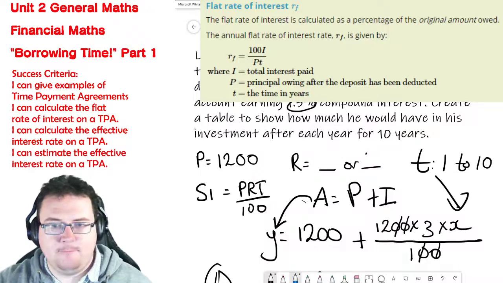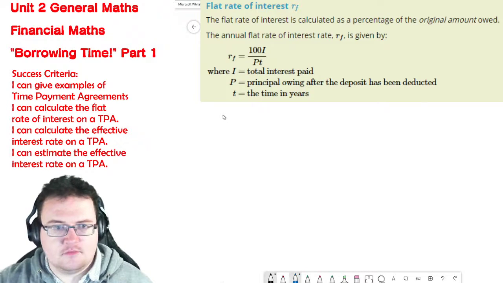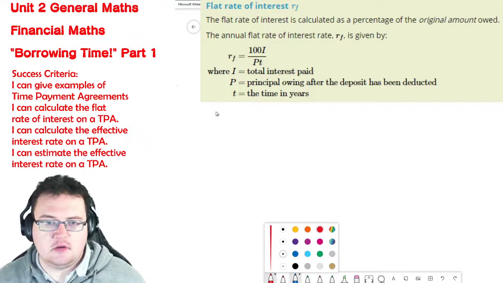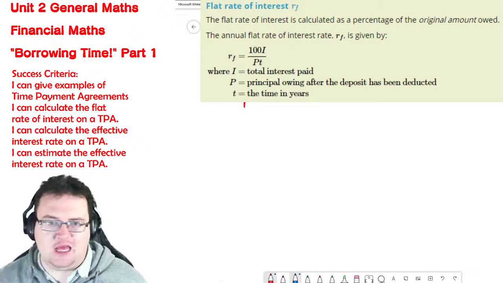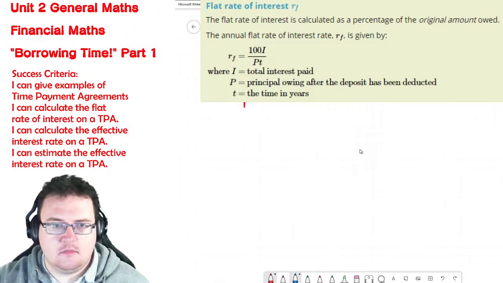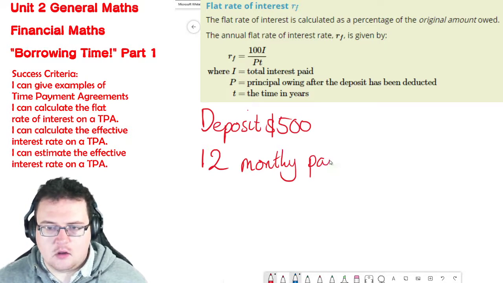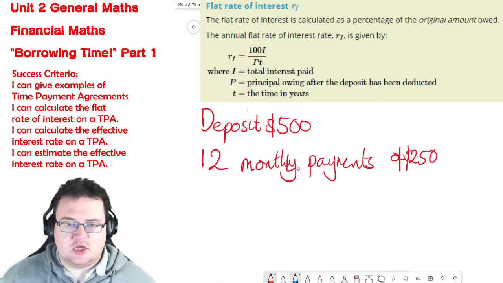I'm going to bring up my whiteboard. So in this case, if I pay a deposit of $500, and then I make 12 monthly payments of $250.